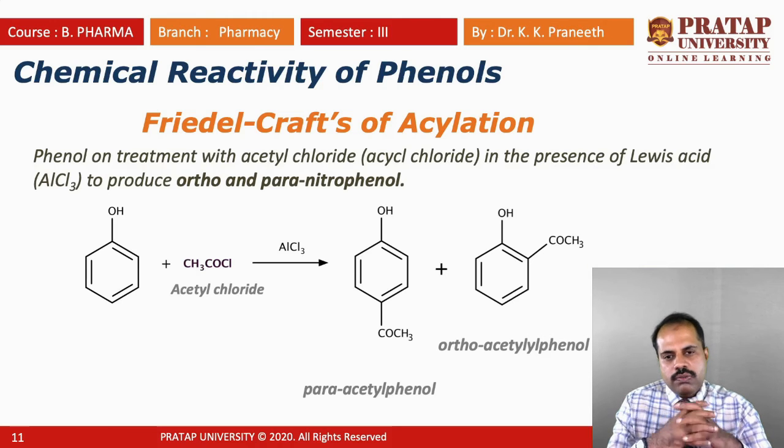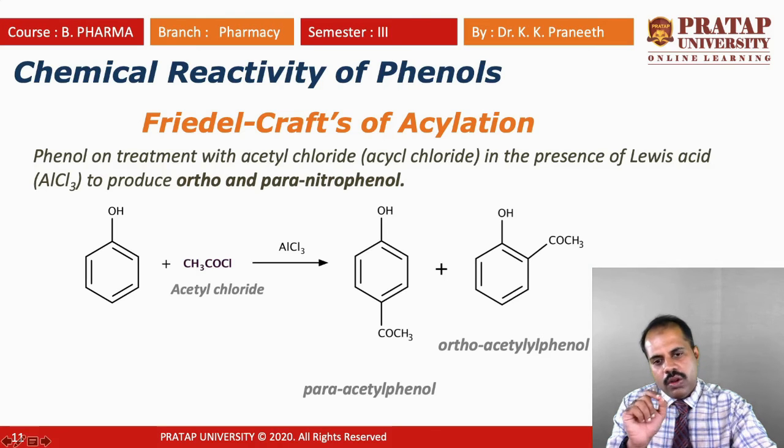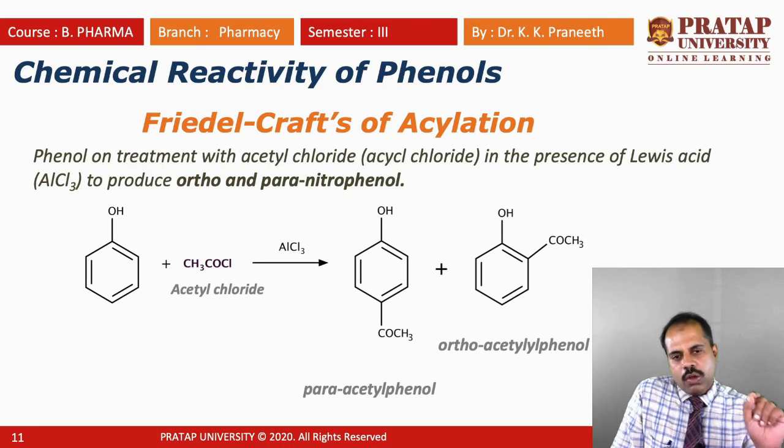This is a very useful reaction to form a carbon-carbon bond. Friedel-Crafts alkylation and acylation are carbon-carbon bond formation reactions, because phenol has a carbon and a new carbon is attached, forming a carbon-carbon bond. That is why it is called a new C-C bond forming reaction.